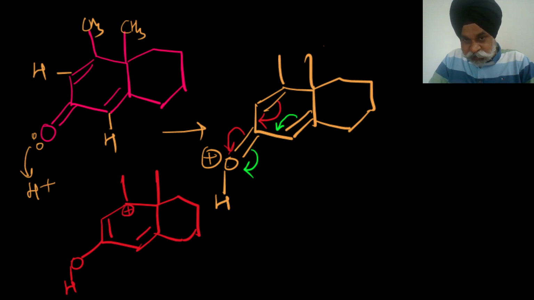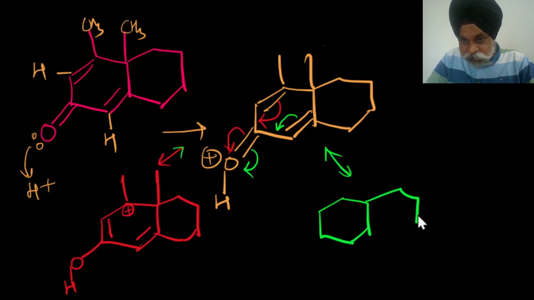One style can be this way. So if I went with the red, and if I go with the green, these are nothing but resonating structures as a matter of fact. So here you would get something of this type. The methyl is here, and this bond goes here, and you would get OH, and here you would get a positive charge.